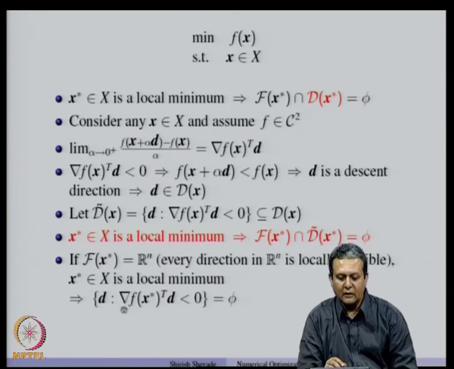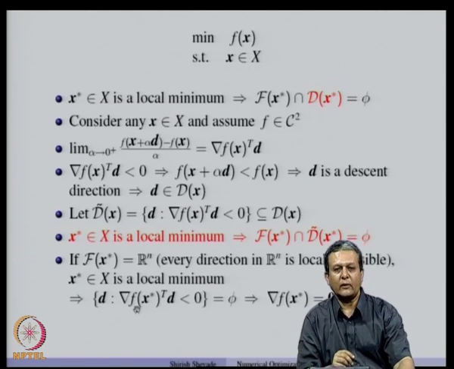That is the set of all d such that gradient f x star transpose d is less than 0 is a null set, and this will be possible when gradient f x star is a 0 vector.